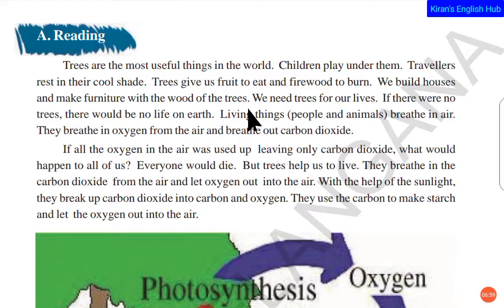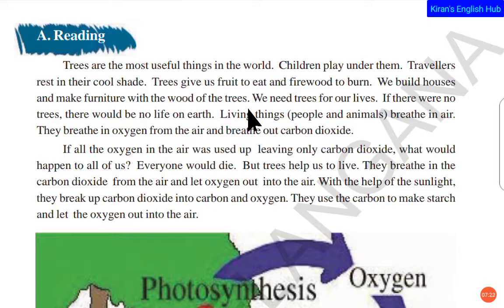They make everything with the trees itself. In the cities we can see all the concrete buildings, glass buildings and all. In the olden days, villagers used to live in houses built completely with the branches and leaves of the trees. Even nowadays there are many people who are still living in that.